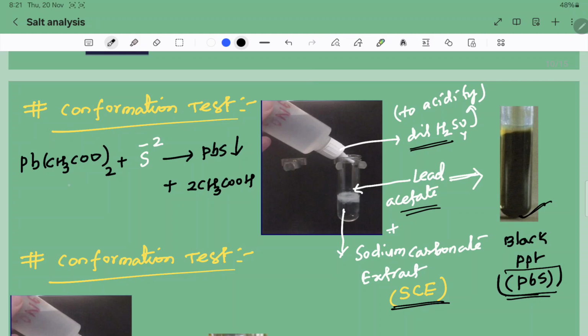The reaction: Pb2+ reacts with S2- and you get a black precipitate of lead sulfide, and acetic acid is obtained.